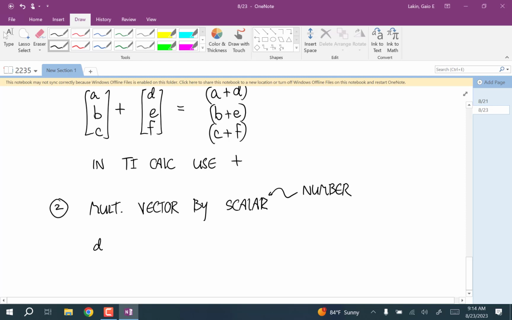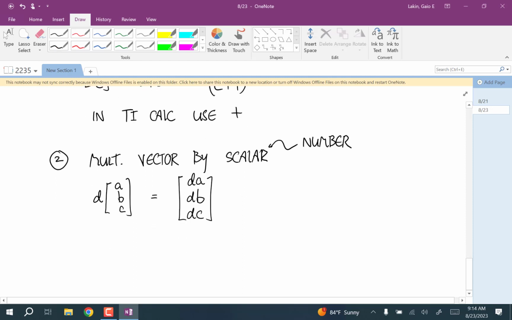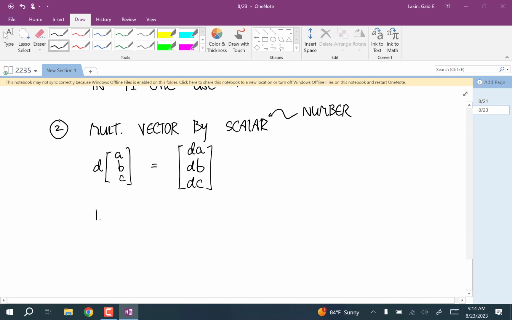So if you want to multiply like D times the vector A, B, C, that just gives you an X component of dA, a Y component of dB, a Z component of dC. And in a TI calculator, just use the regular multiplication button.